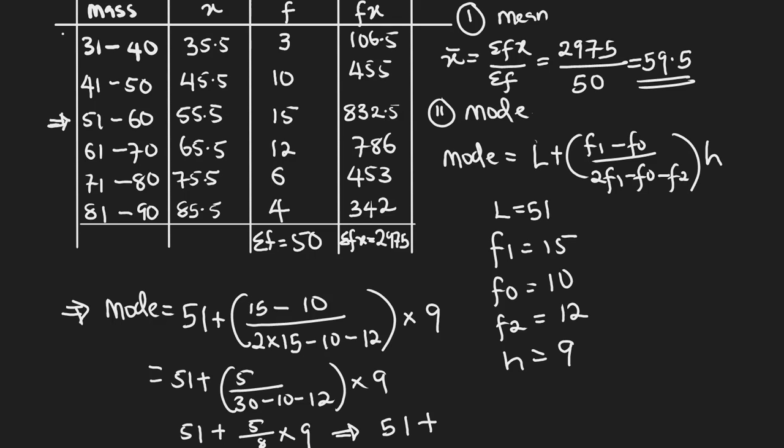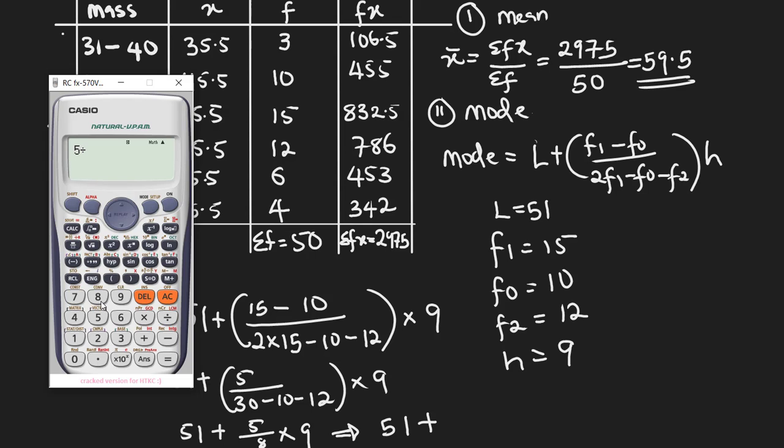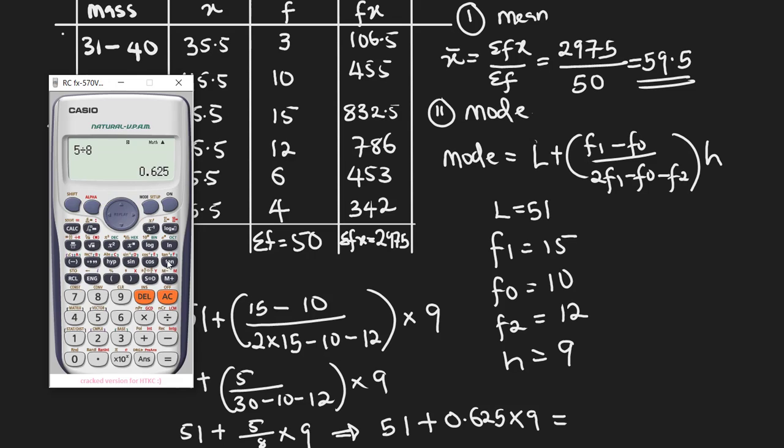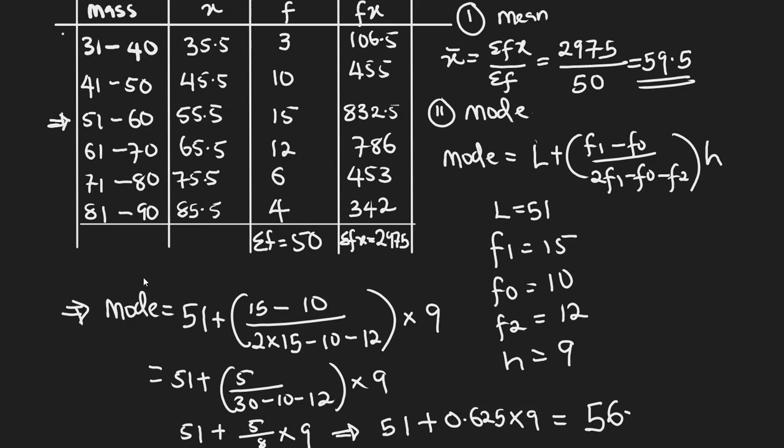So 5 divided by 8, let's use our calculator. 5 divided by 8 is 0.625. Then 0.625 times 9 plus 51 is 56.6. So that is the mode, right? This is the mode. Very simple.